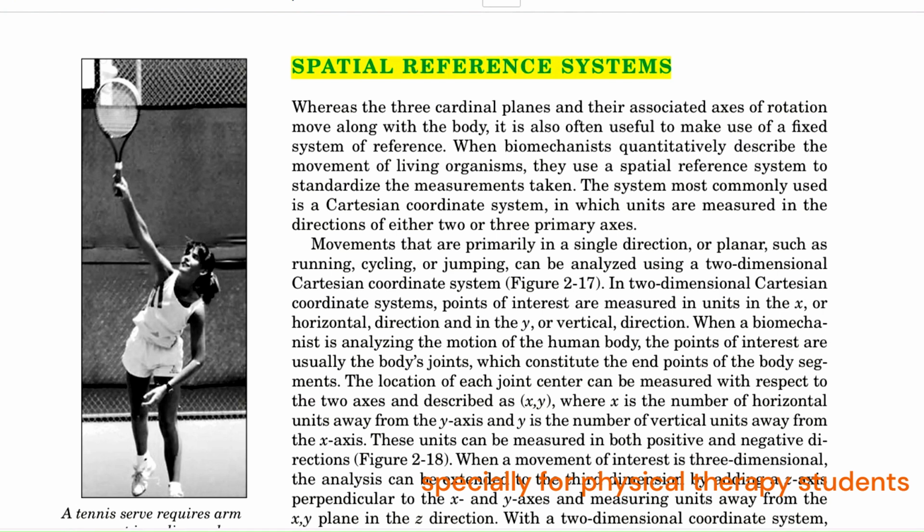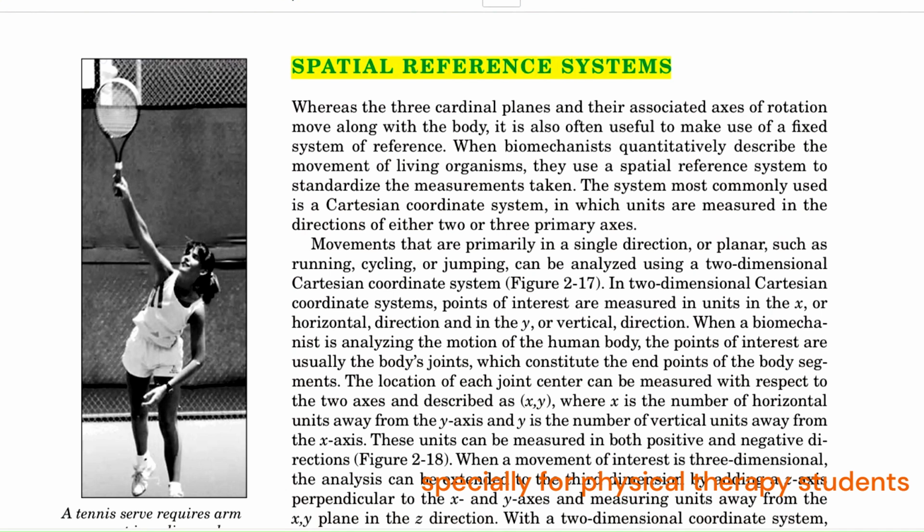As you know, movements occur in different planes and directions. To accurately measure movement, we need a fixed reference system rather than just relying on moving body planes. This is called the Cartesian coordinate system. Remember the name.